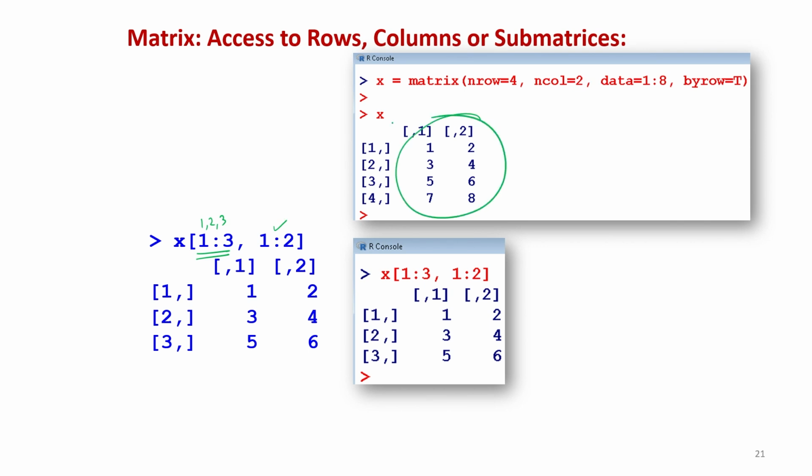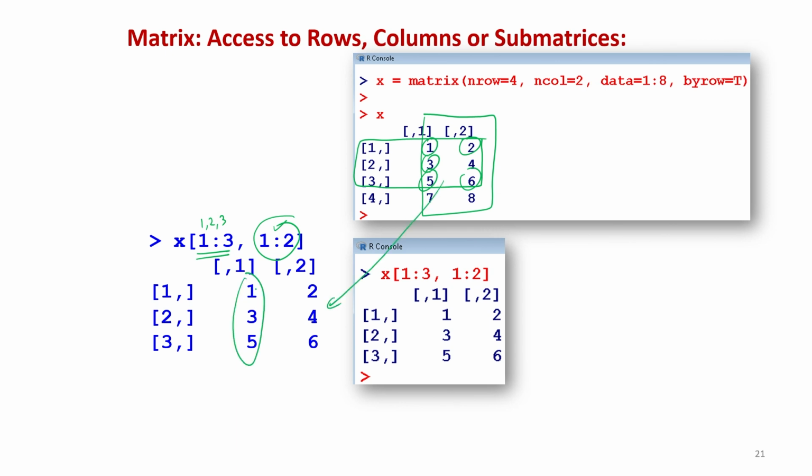So when I am trying to extract the information here, row numbers 1, 2, 3 are here like this. And then I am saying columns 1 and 2, they are here like this. So this is the part which is the common intersection. So if I do it here, you can see this data coming here, 1 3 5, and 2 4 6, and this is the outcome.